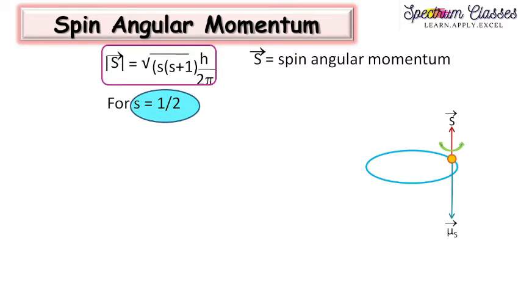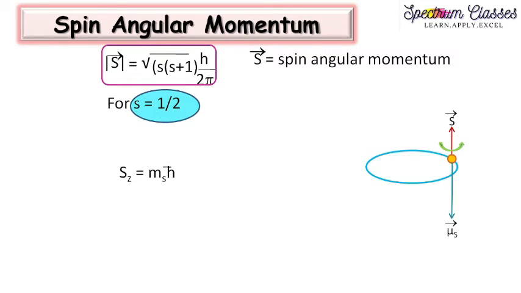You all are familiar with this, that for one single unpaired electron we have s equal to 1 by 2. Now coming to the magnitude, with s equal to 1 by 2, it has the value square root of 3 upon 2 times h upon 2 pi. So this is its magnitude.